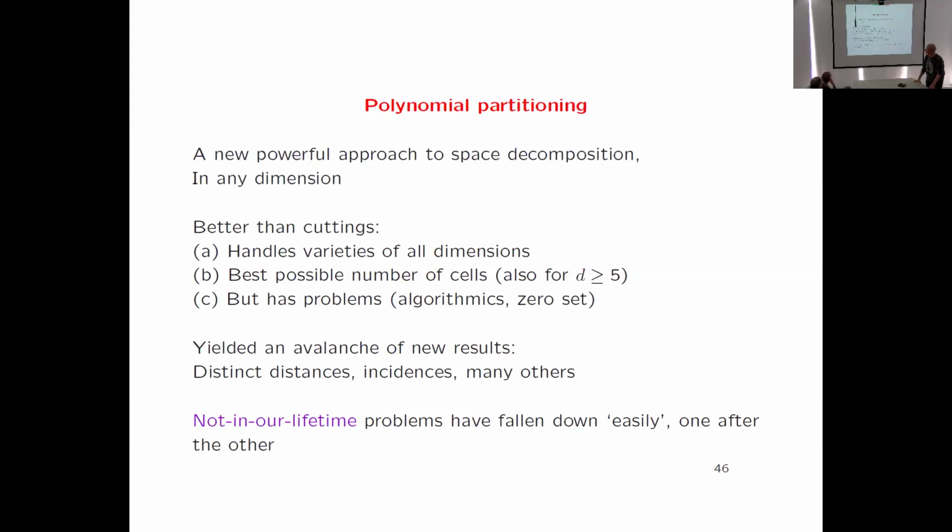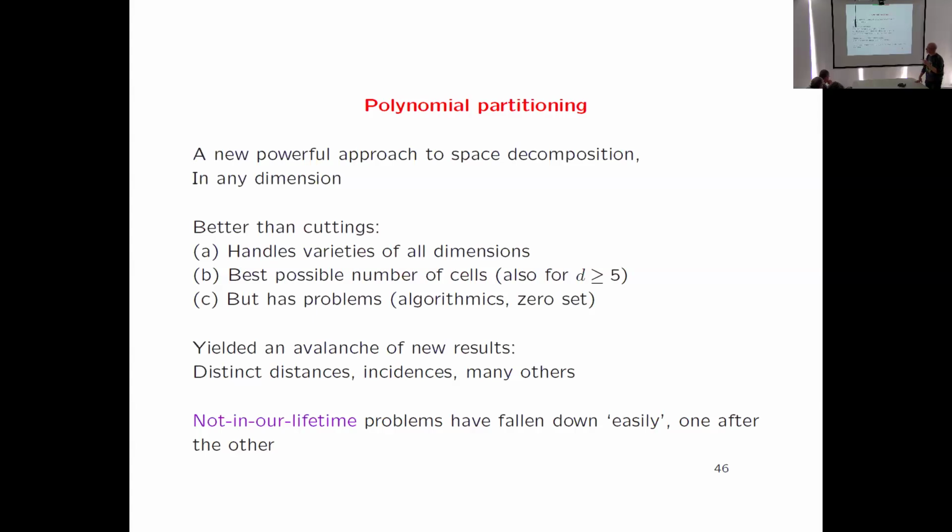Now, this is good because it gives us a new space decomposition technique that competes with cuttings, and it's better in many aspects. First of all, you get a correct bound. If you think of the degree D as the r before, you get the bound you want, r to the d, not r to the 2d minus 4.